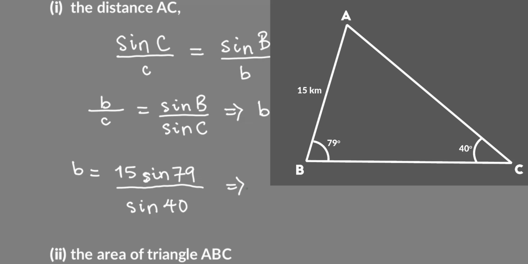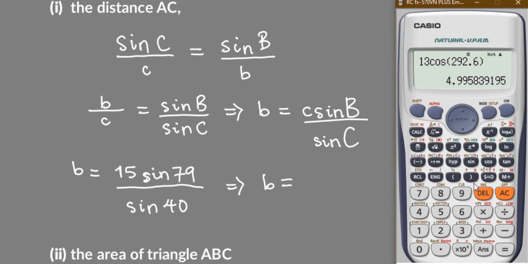And this is going to mean that B is going to be equal to a certain value, and we can calculate that value. We can say 15 sine 79 divided by, since there's an expression below there, we're going to put the denominator in brackets, sine 40 like that, close our brackets, then we hit equals.